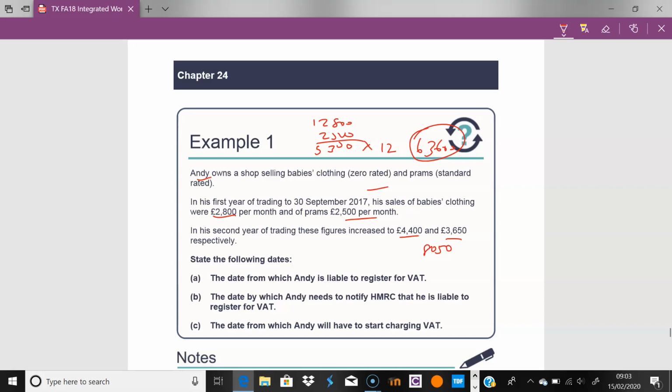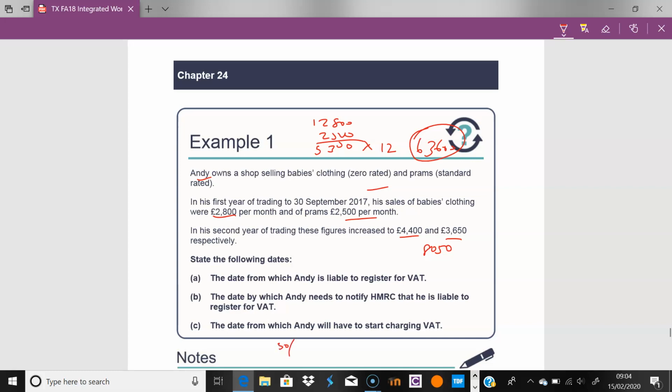So we now have a scenario where I'm going to start getting more. And how much more do I need to watch to know when I actually exceed the 85,000 threshold? So in practice, what we now have here is a scenario where it's 30th of September 2017.